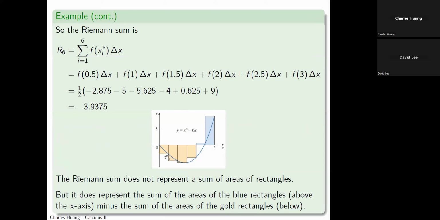What you can see over here is that we're using the y value for 0.5 for the first rectangle. For the second rectangle, we're going to use 1, and then 1.5, and then 2, and then 2.5, and then finally 3 for the last rectangle.